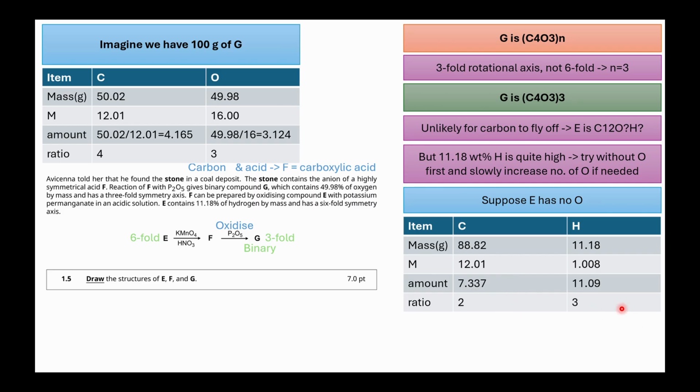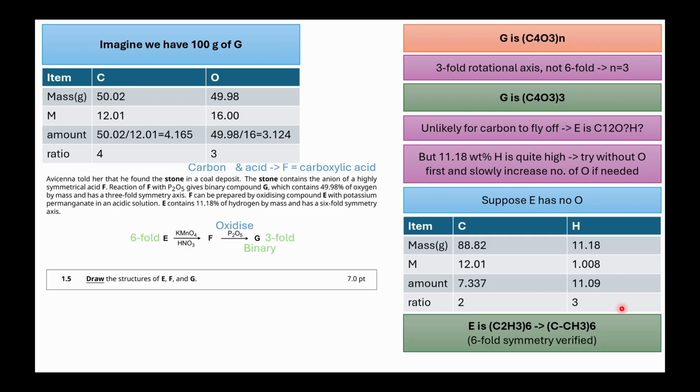And such nice ratios are rarely coincidental. So you're going to think that E is C2H36, so the number of carbons will stay the same. Same for E and G, and that can rearrange into something with a six-fold rotational symmetry.